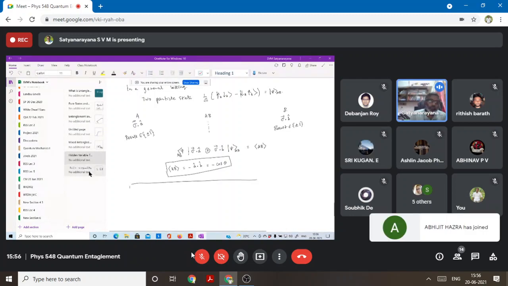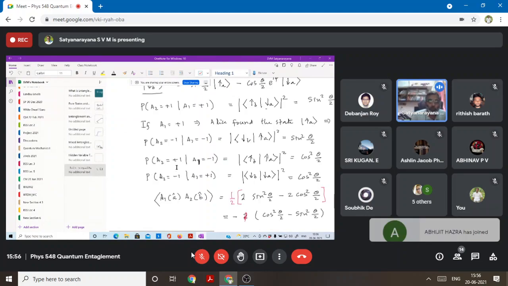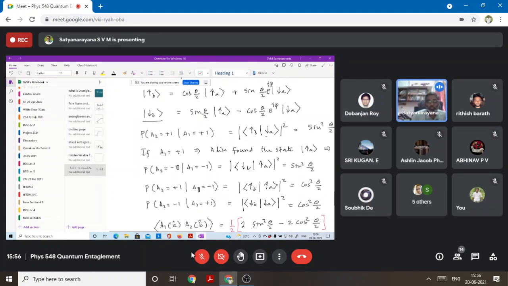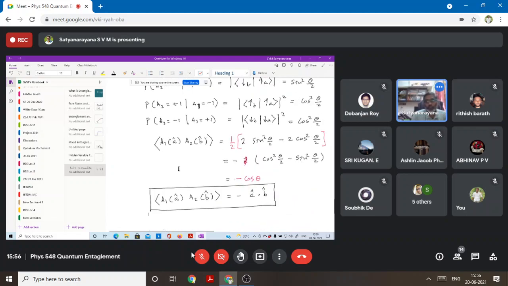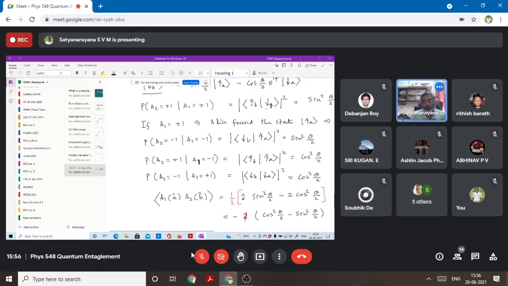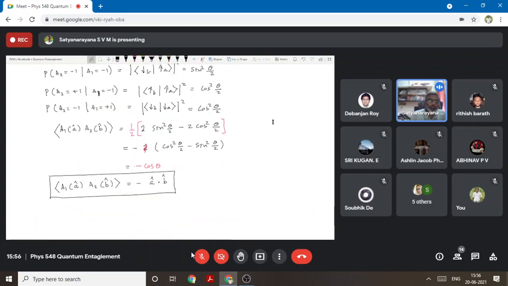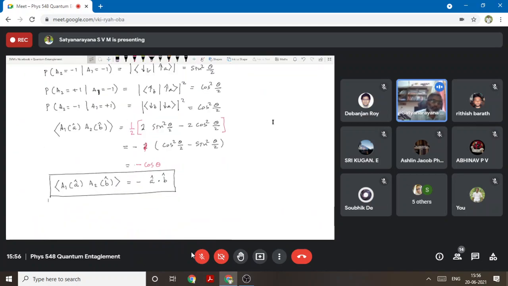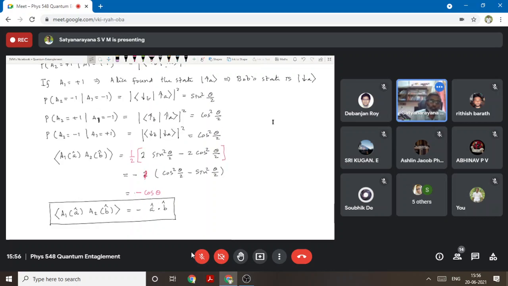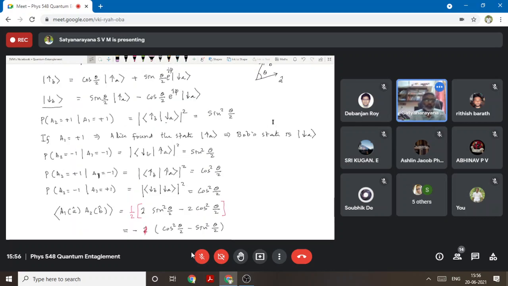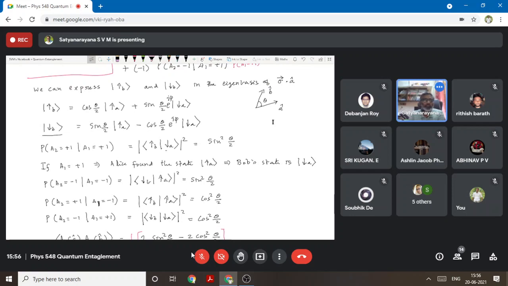But now I am trying to put it in the proper language of quantum mechanics and derive it more rigorously from the rules of quantum mechanics. Okay, so I am getting the same result. But this derivation is important to understand because in more complicated cases, you have to do it like this. It's not always easy to guess, right?